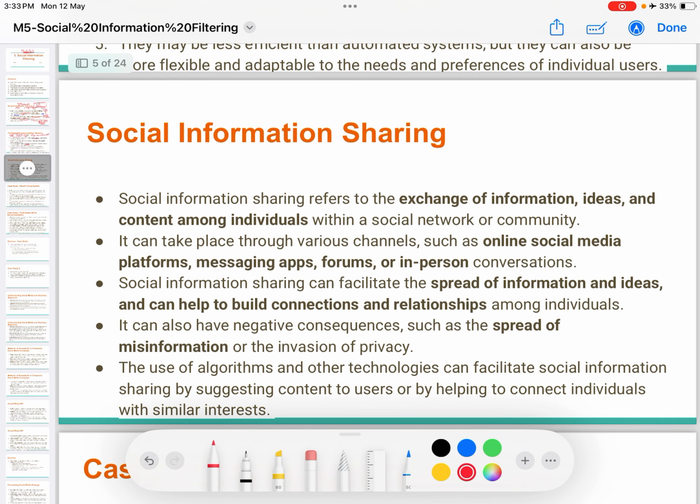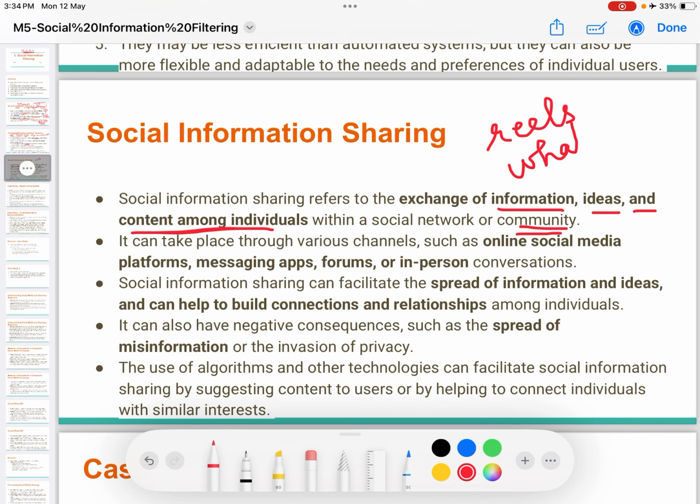Social information sharing. What is social information sharing? Social information sharing refers to the exchange of information, ideas, and content among individuals within a social network or community. You often exchange information, ideas, and content. We often exchange Insta reels to a particular community.